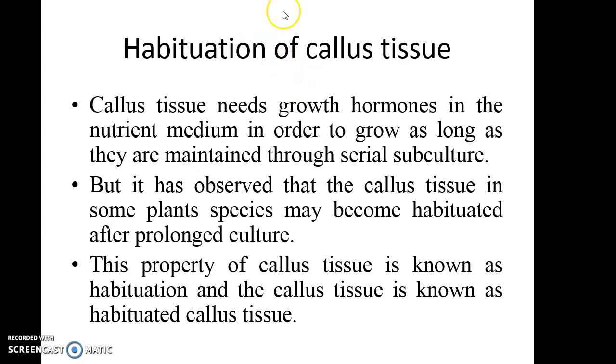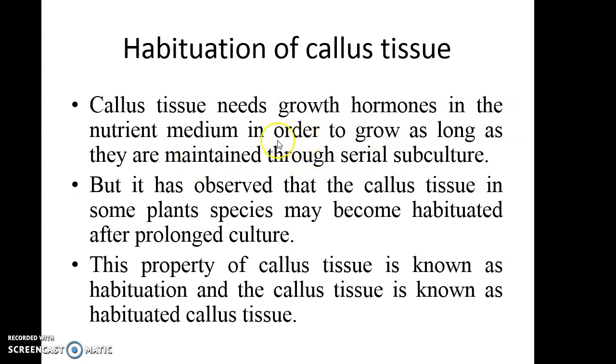Then next is habituation of callus tissue. You will get a question on this also: what is meant by habituated callus. To form callus tissue, there is need of plant growth hormones, that is auxin and cytokinin, and this callus tissue is maintained through serial subculture.